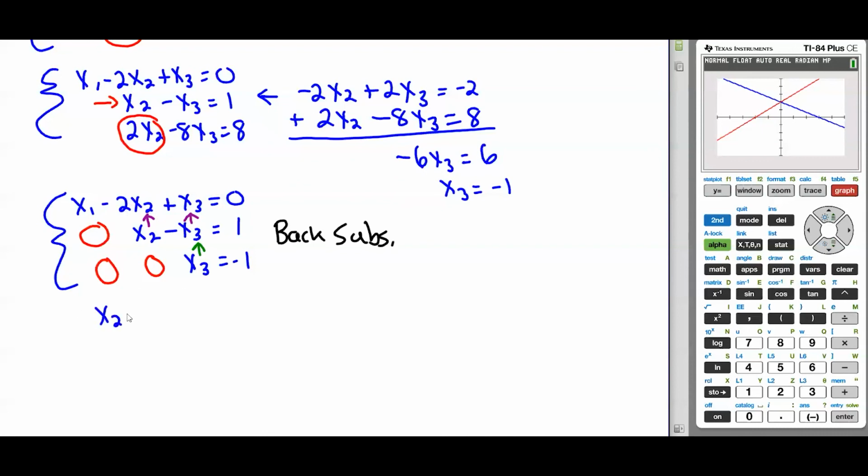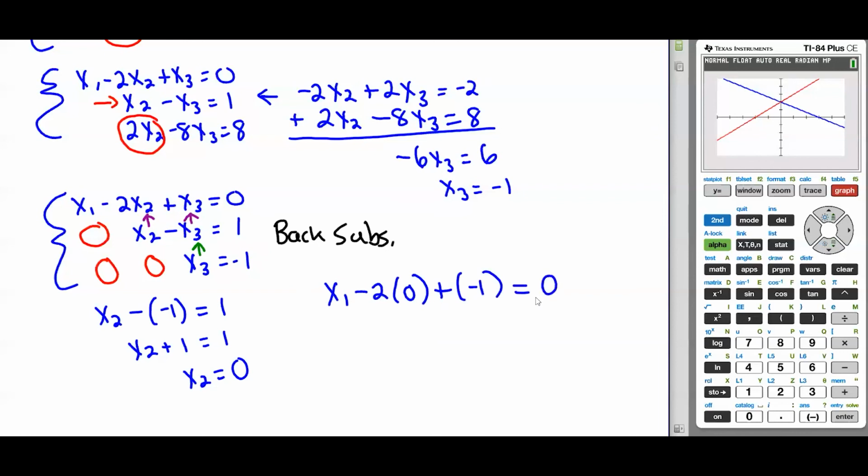So I'm going to plug in -1 for x3 into the second equation and solve for x2, so I get x2 equals 0. And then I'm going to plug in x2 equals 0 and x3 equals -1 into the first equation.